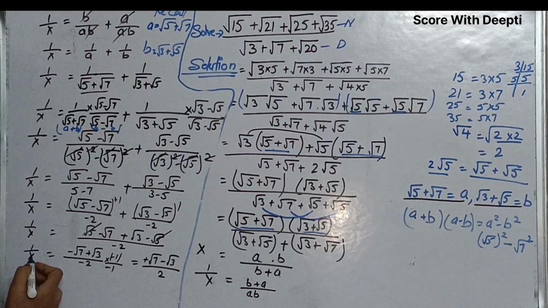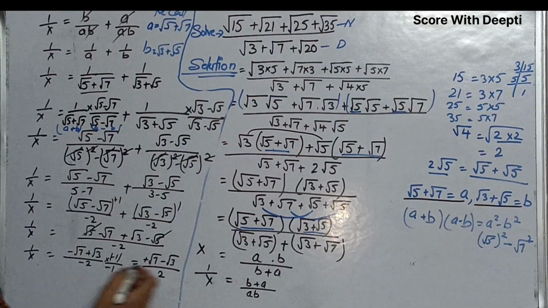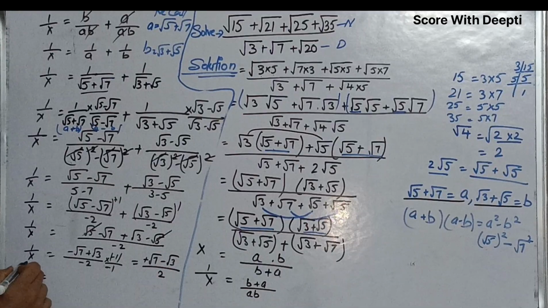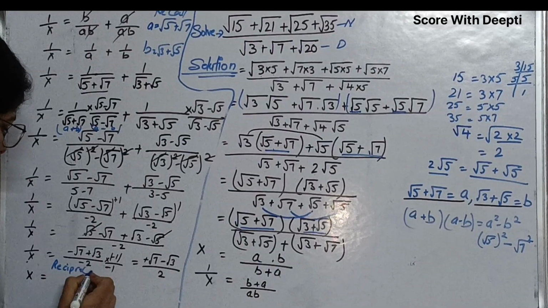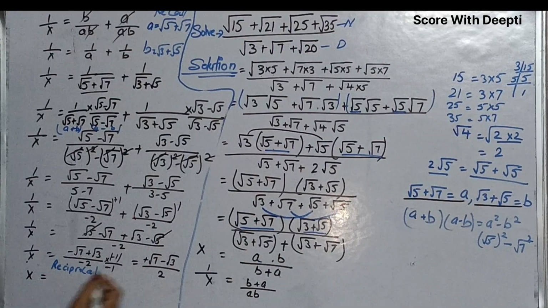Next we have to find the value of x, but we have 1 over x. Now we take the reciprocal of both the left hand side and the right hand side, and we get x equal to 2 over square root 7 minus square root 3.